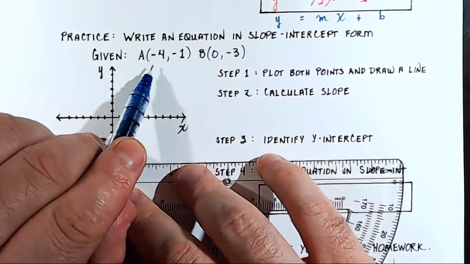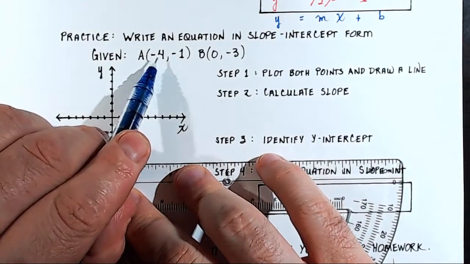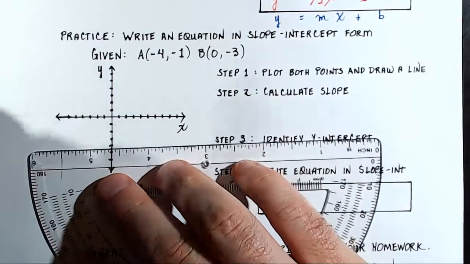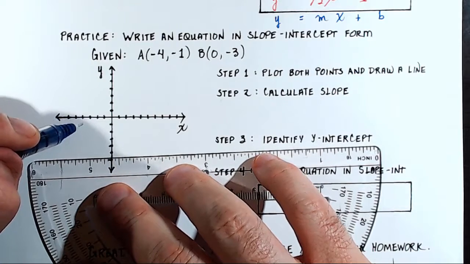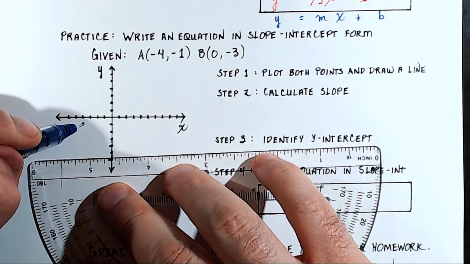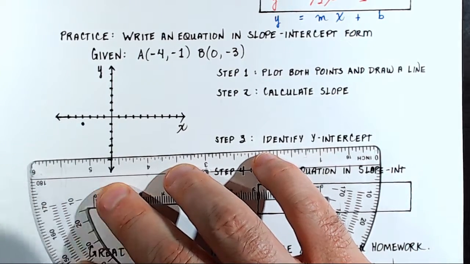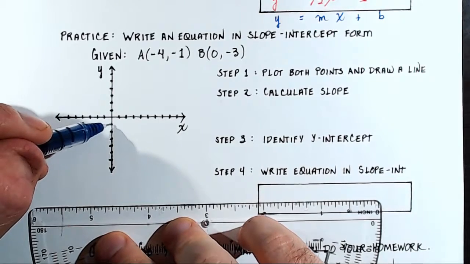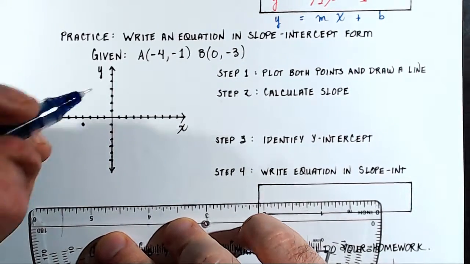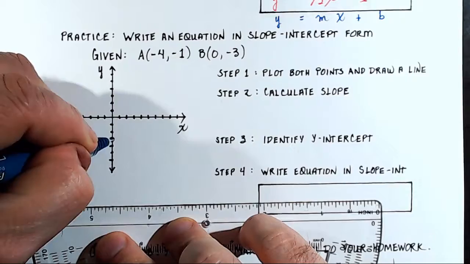So now, the first point A is -4, -1. So that would be -1, -2, -3, -4, and then down 1. So right there. And the next point is 0, -3. So we go to 0 on the x and go down 3. 1, 2, 3. And this is the second point right here.